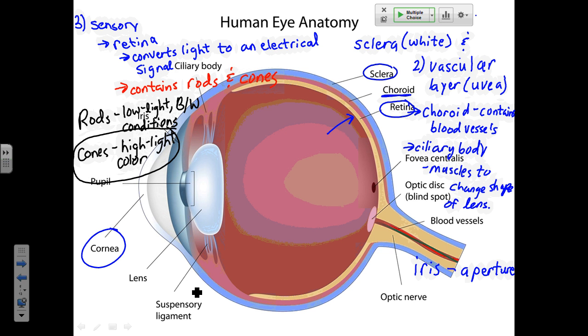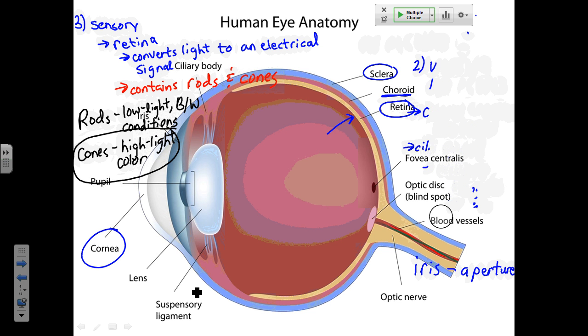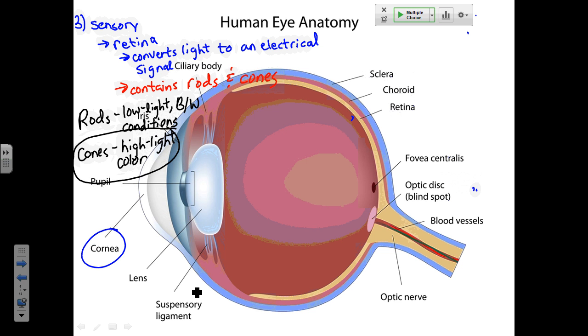The retina also contains the fovea. I'm going to erase this part over here. And the fovea is right here. This is just a place where you have lots of rods and cones. And you can probably tell why.